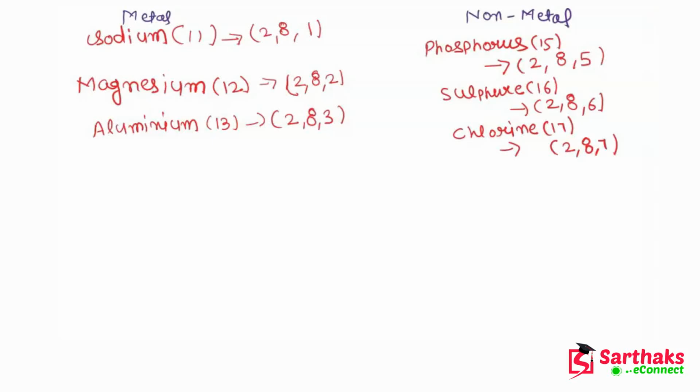Now guys, you might be thinking why I am writing it. Basically, I just want you to know that you can see that sodium has one electron in the last orbit, magnesium has 2 electrons in the last orbit and aluminium has 3 electrons in the last orbit.